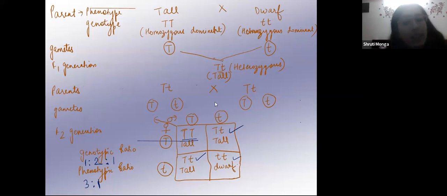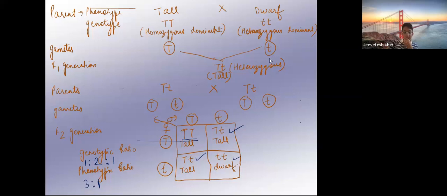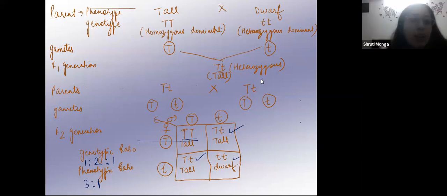Have you drawn this, everybody? Children, I cannot hear you. Can you hear me? Okay. Jivtesh, have you drawn it? Yes, ma'am. Very good. How many of you are still drawing? I've drawn it. Very good. Yes, Shivansh?